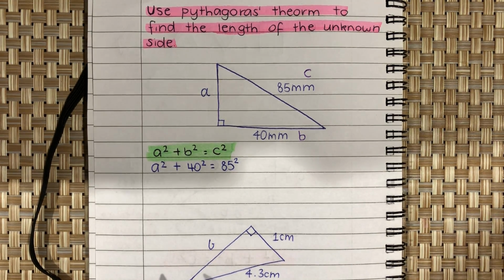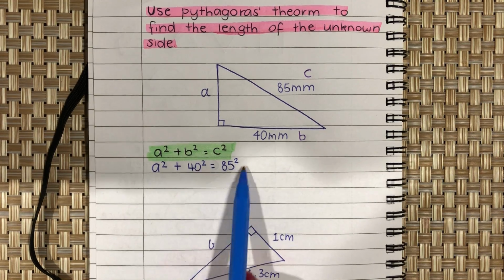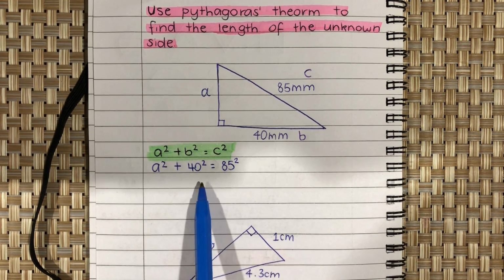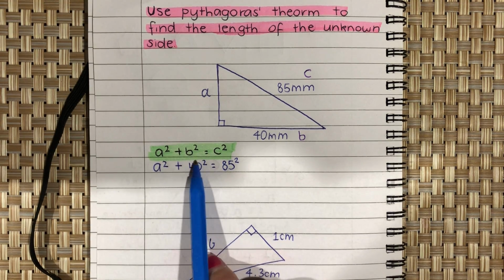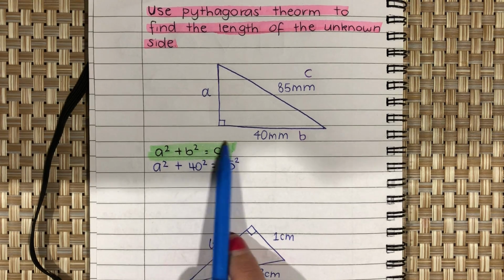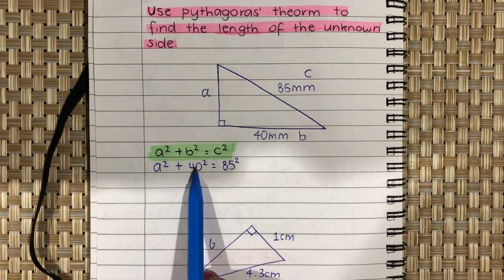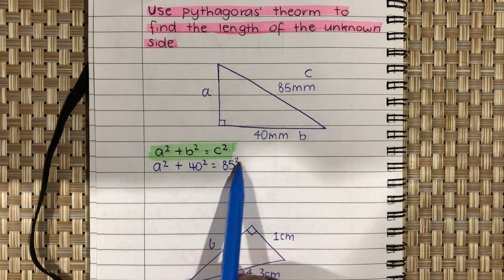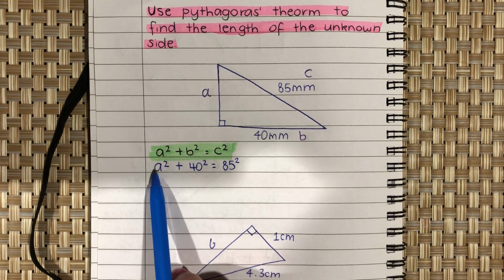So instead of calculating what 40 squared is and what 85 squared is, I'm going to take this whole 40 squared and minus it to the other side of the equal sign, because then if I move the 40 squared over here, I'm left with A squared by itself.